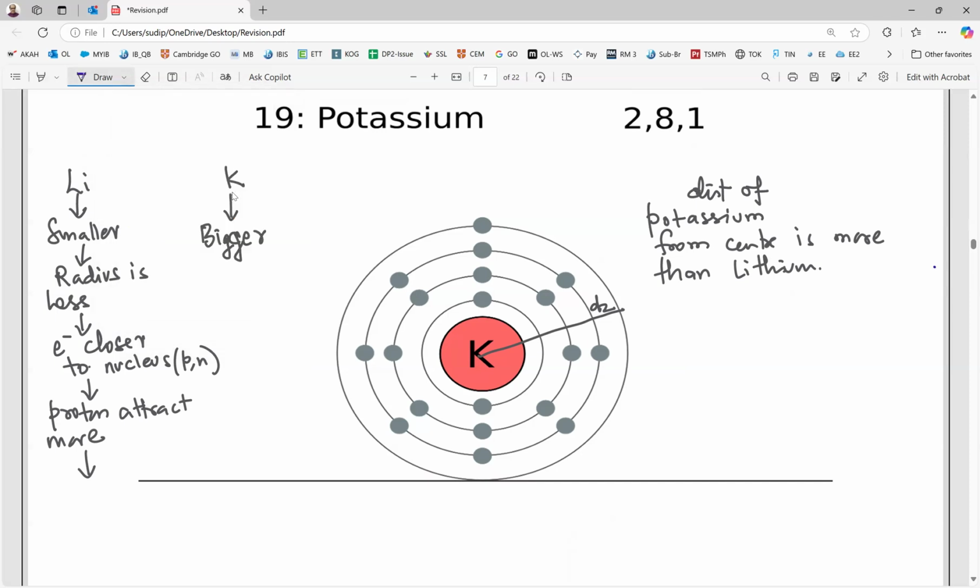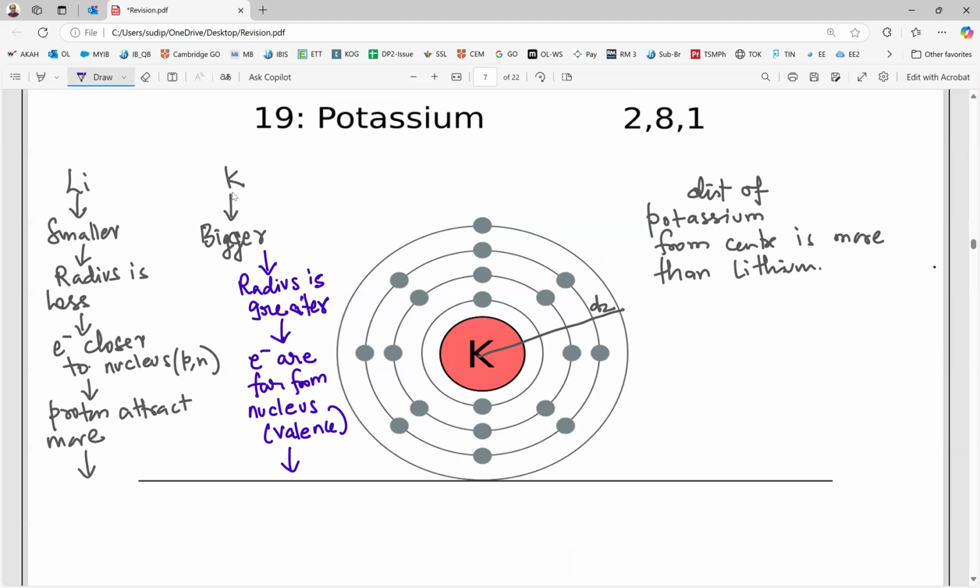In potassium, what happens? Potassium is bigger, which means the radius is greater, which also means that electrons are far from the nucleus. Not every electron, but especially the valence electrons are far from the nucleus.